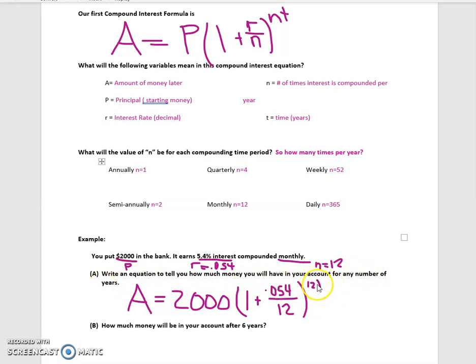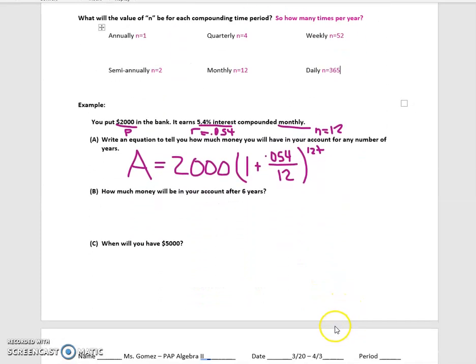We don't know what T is yet, so we're going to leave that there. And that's our equation.